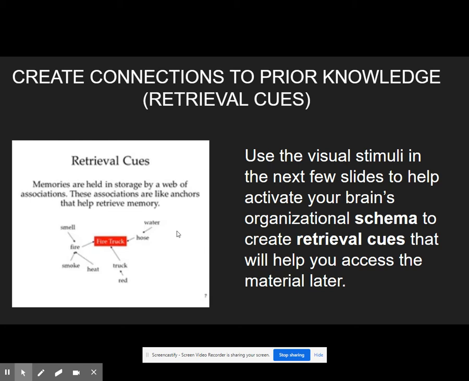For example, with the word fire truck, your brain holds the concept of a fire truck in a bunch of different places. It holds it in the same place that it might hold all trucks. The word red is also a place where it holds fire trucks. So it places it in a whole bunch of different places in order to allow you to retrieve the memory, or take it from your memory and use it.